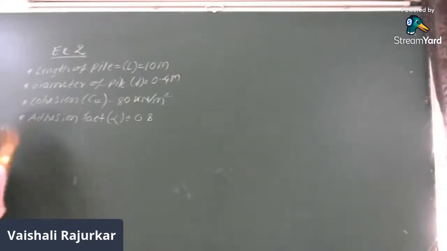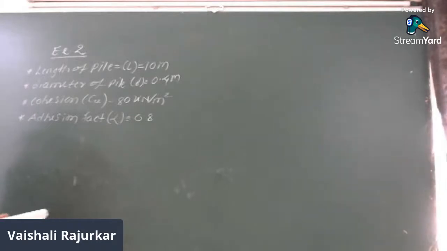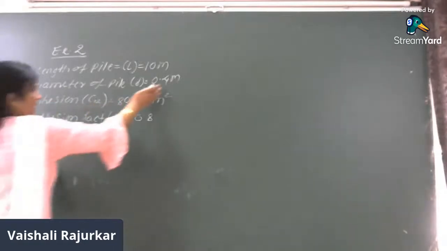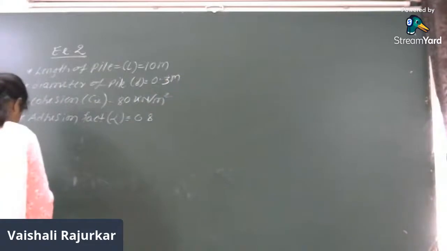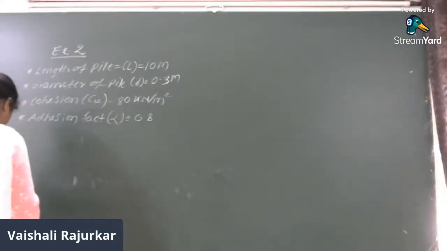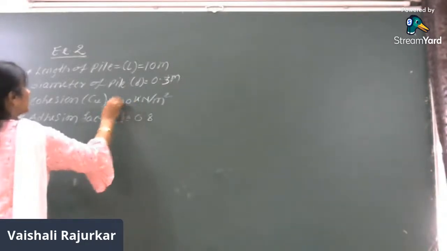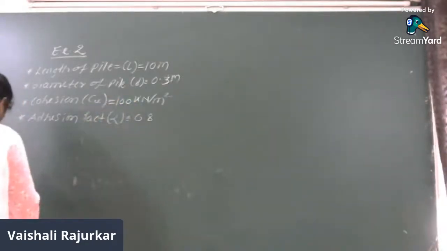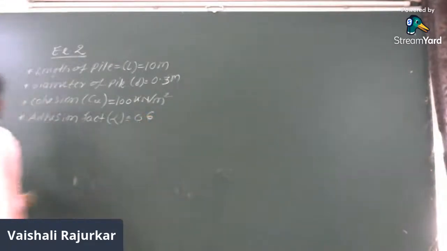Now here also the load carrying capacity of the pile you have to determine. In the another one, we will consider this is 0.3 meter, 10 meter length. Then CU is taken as 100 and alpha is taken as 0.6.